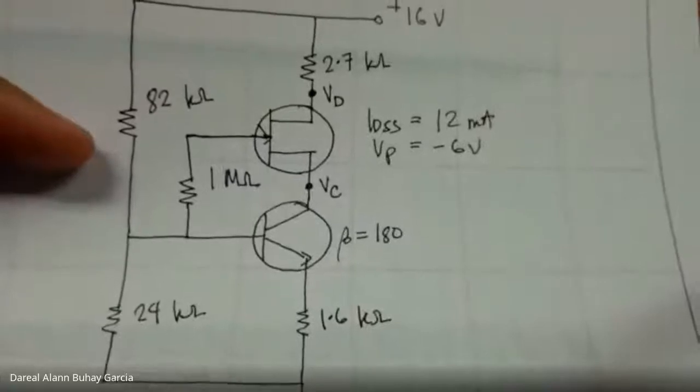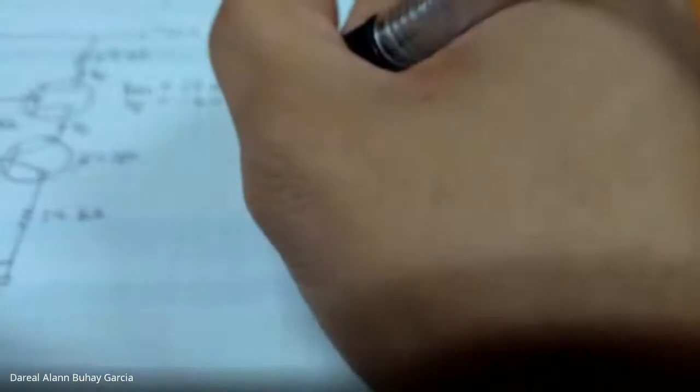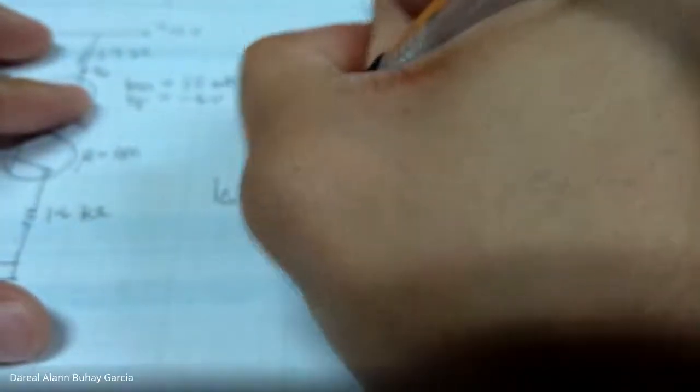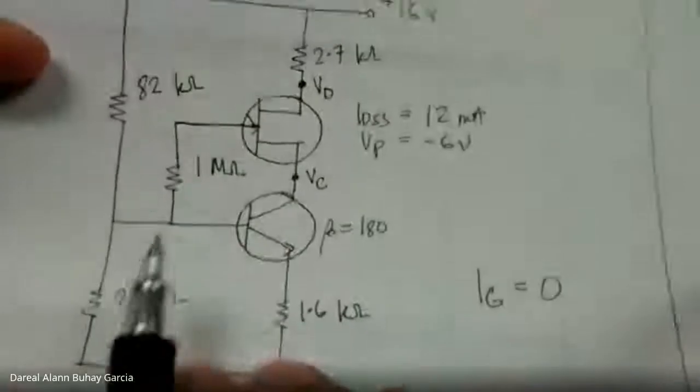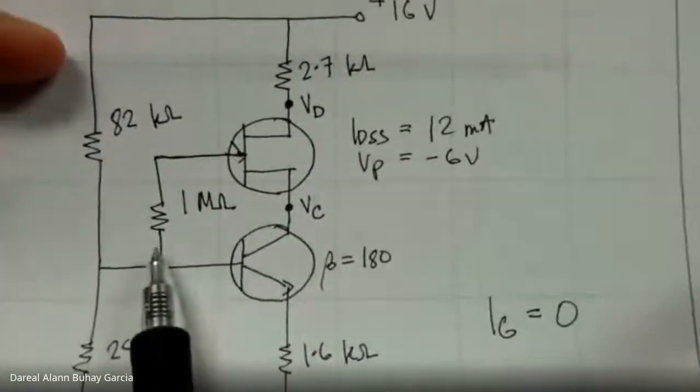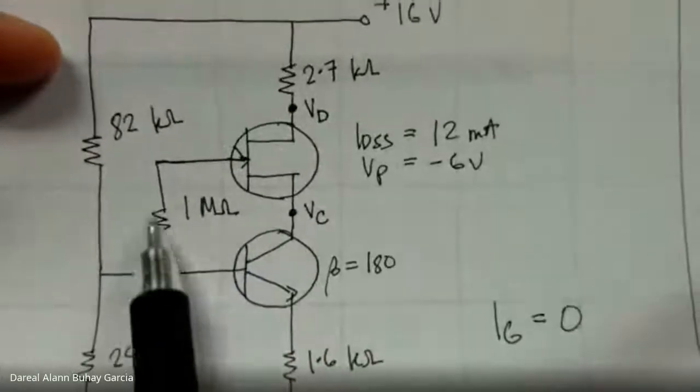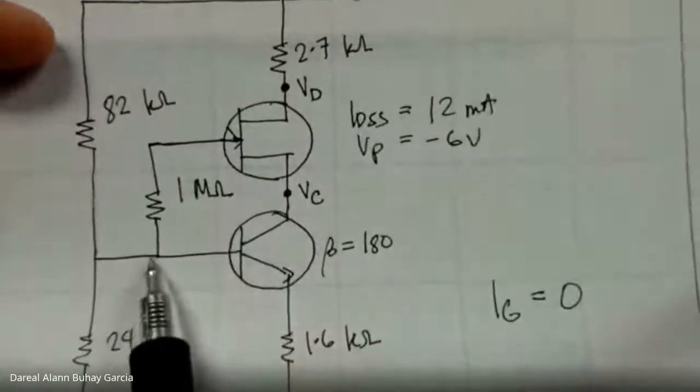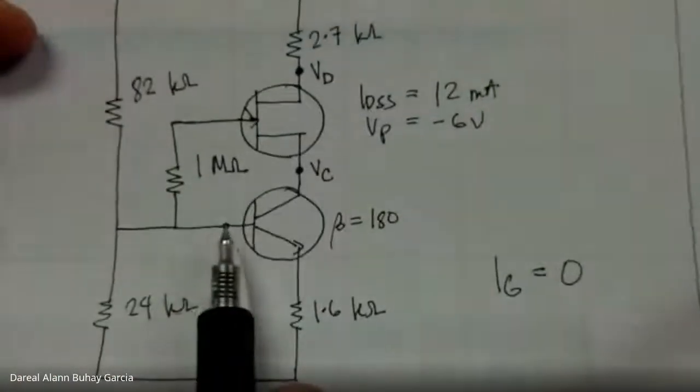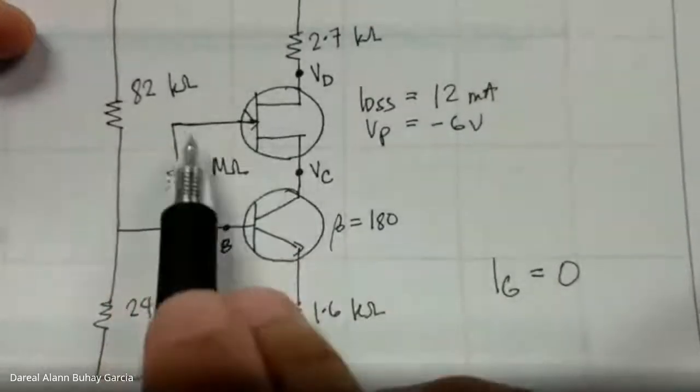Diba? So because IG is equal to 0, wala current nga ga-flow dire. Virtually, sa panlantaw ni base terminal, wala na siya ga-exist nga branch. Kaya wala may current ga-flow dire. IG is equal to 0 man.